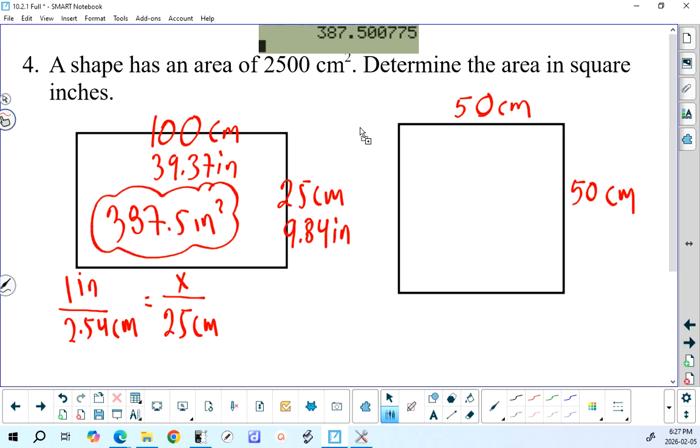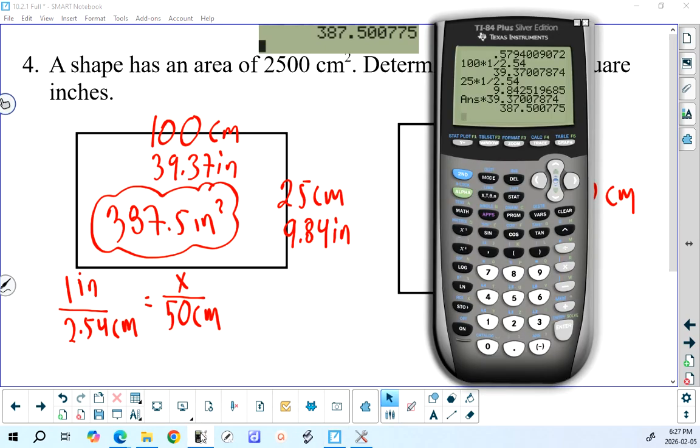All right, so what if you would have changed it to 50 centimeters by 50 centimeters? Well, that would mean that you would put 50 centimeters down here in your ratio. And you would have gotten 50 times 1 divided by 2.54.